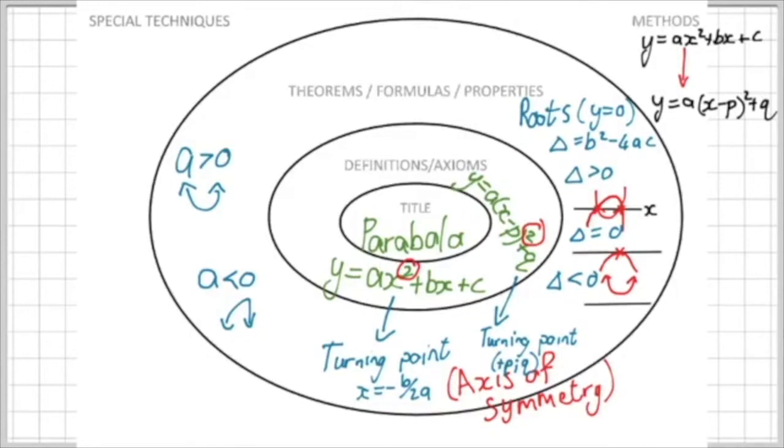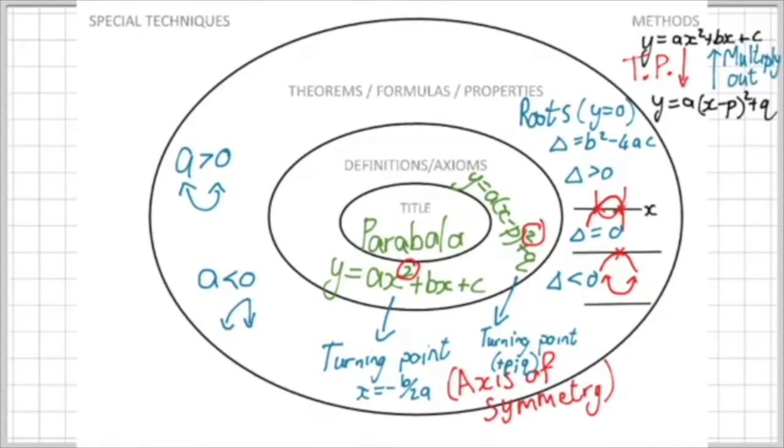But in grade 12, when you look at circles in analytical geometry, you do need to be able to complete the square. But then how do I do it without completing the square? Well, simple. I just get the turning point, because that's going to be p and q in the turning point formula. Now, I also have to go back, and that I simply do by multiplying out.